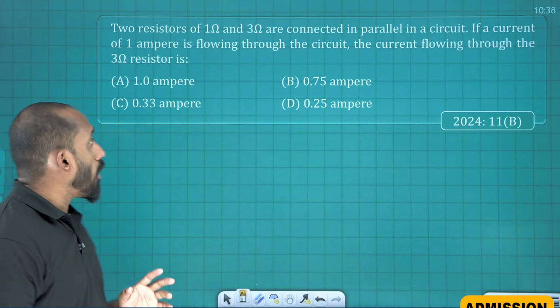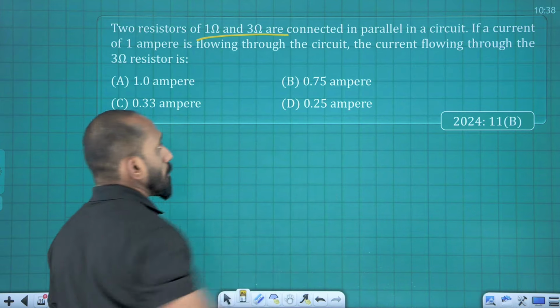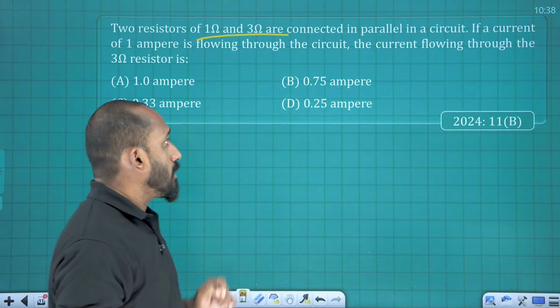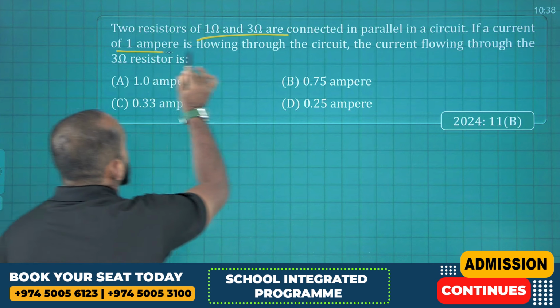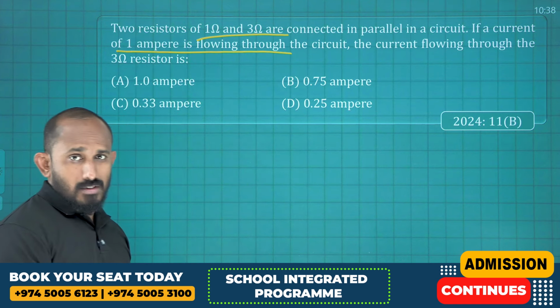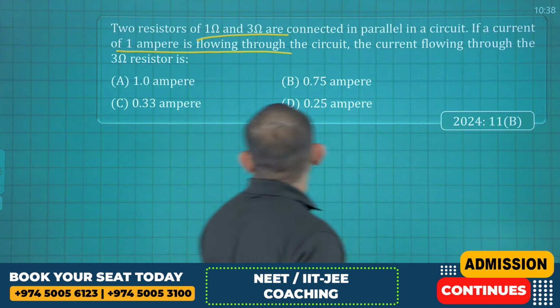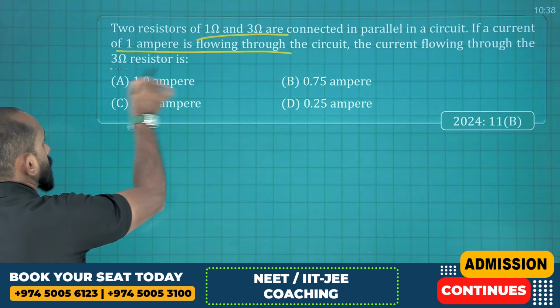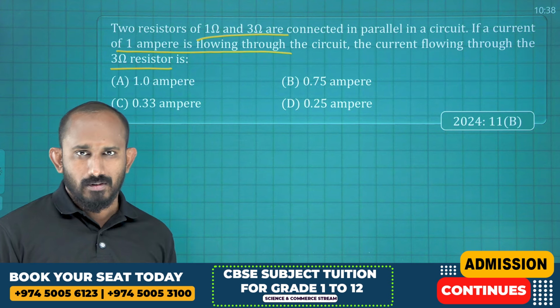Two resistors of 1 ohm and 3 ohm are connected in parallel in a circuit. If a current of 1 ampere is flowing through the circuit, so net current is 1 ampere, the current flowing through the 3 ohm resistor is how much? On the 3 ohm resistor, how much is the current? That is the question.